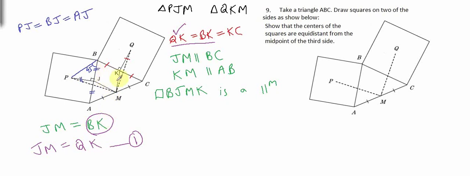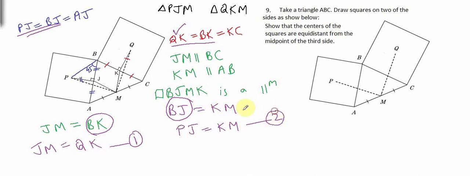Further, the other pair of opposite sides of the parallelogram are BJ, which is equal to KM. But BJ is equal to PJ. So this BJ can be written as PJ. So we have PJ is equal to KM. Let this be equation 2.